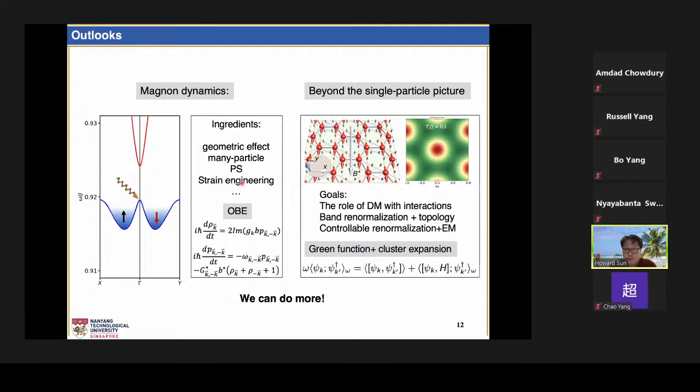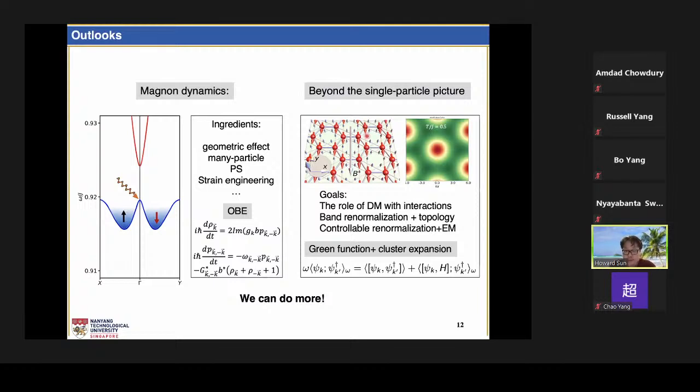Another one is about interacting magnons. Basically, we know that a spin system is strongly interacting, so the interaction is ubiquitous. For the full picture of the magnon, the interaction effect is very important.